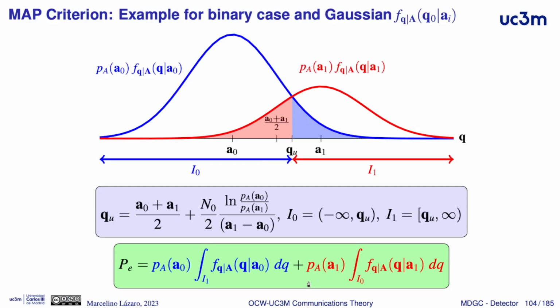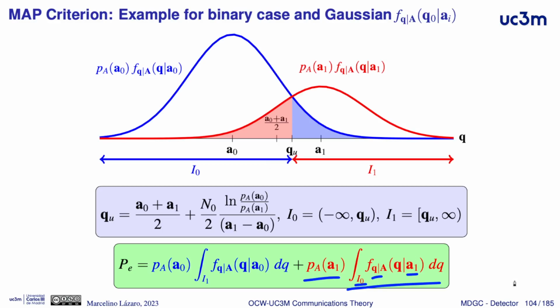And then the second term is the probability of transmitting A1 times the probability of having an error in this situation. And this is the probability of the observation lying in the decision region for A0 when the transmitted symbol is A1.